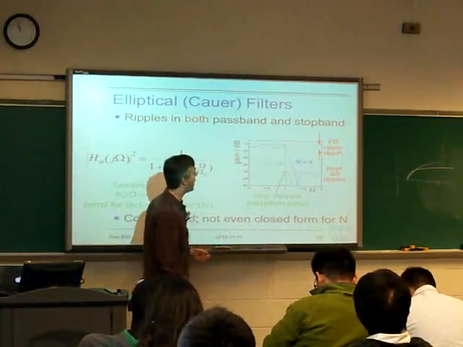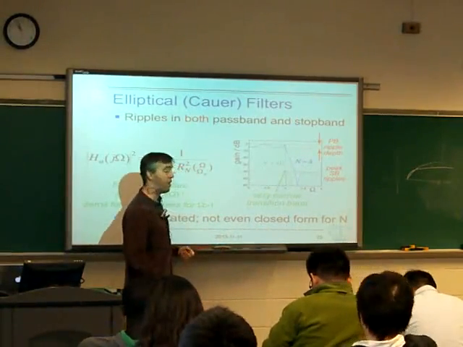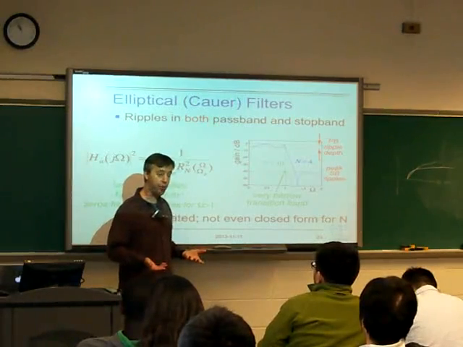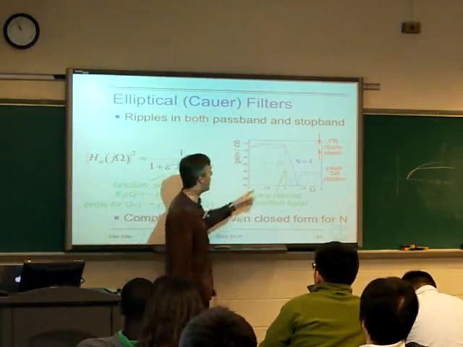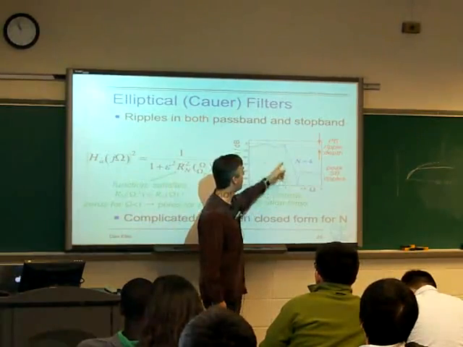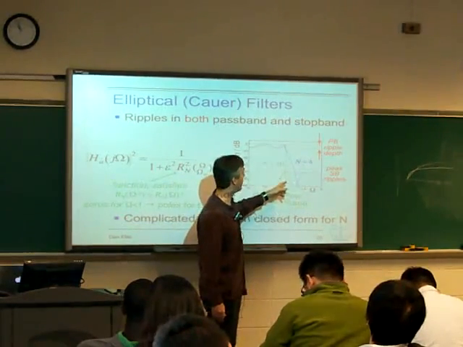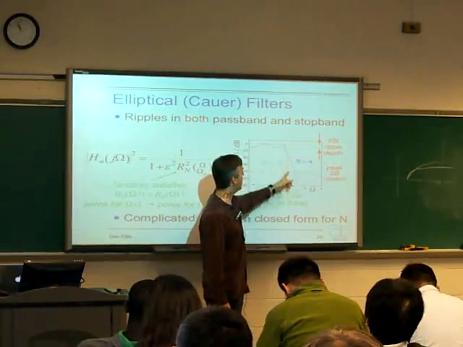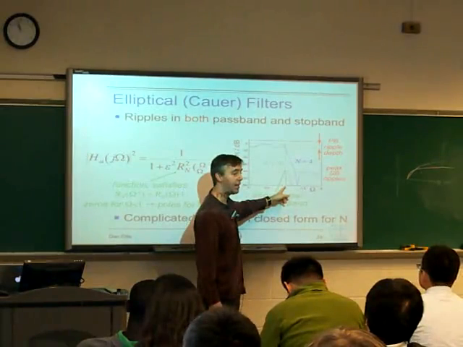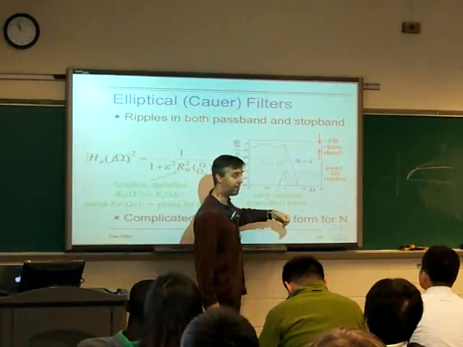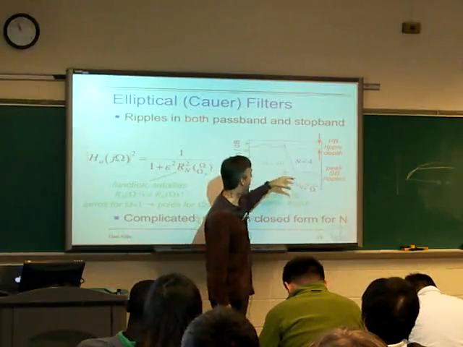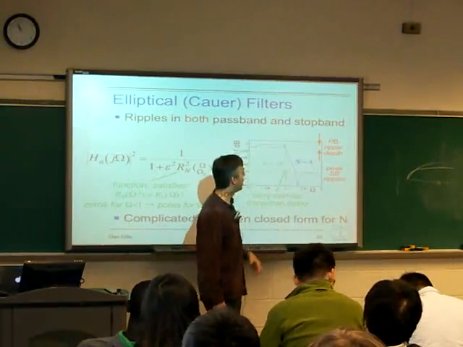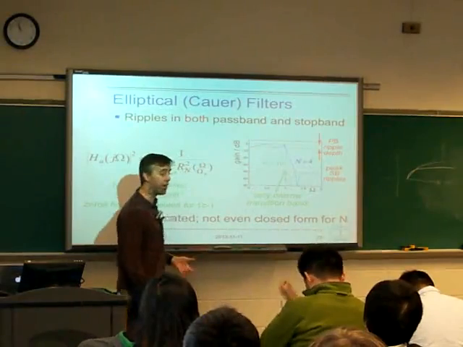Of course, by virtue of allowing ourselves ripples in both parts, we can get filters with extremely rapid transition bands. We've got a pole here, right near the edge, giving us that last little peak. We've got a zero here, just a little bit larger than it, pulling us down very rapidly to a low gain.